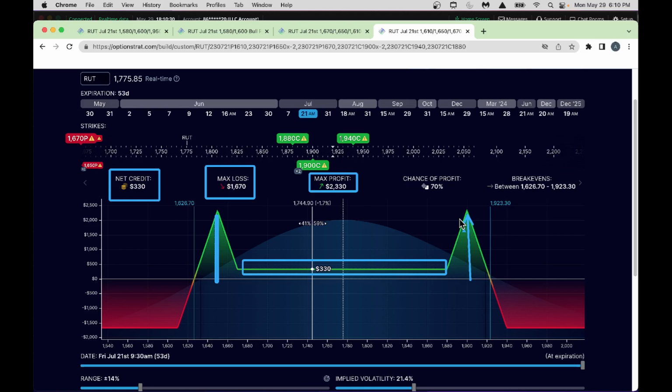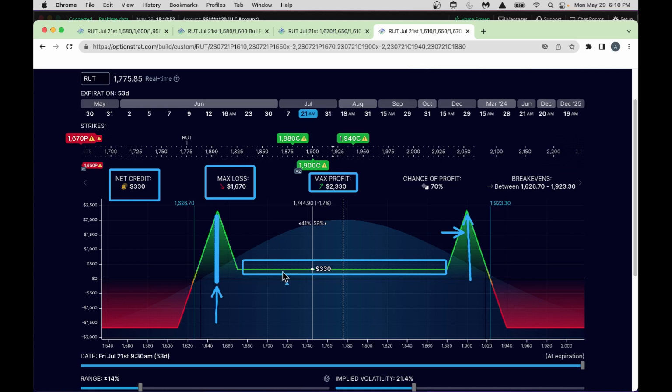But on the Russell and SPX, this is one of my favorite strategies because you can stay a little closer. Your short strikes on the call and put can be 20 delta because you have some extra protection here and you can make some good money. So that's why it's one of my favorite strategies.